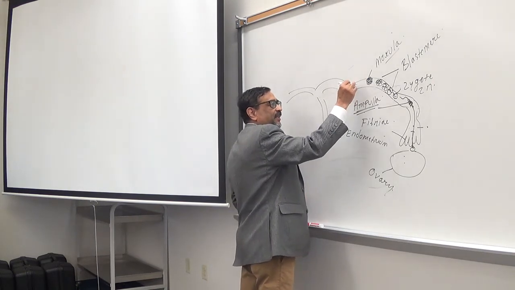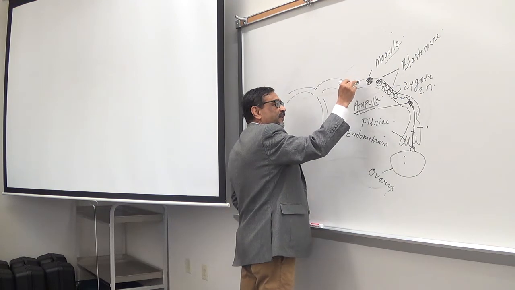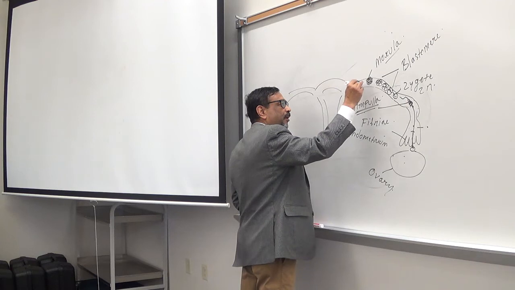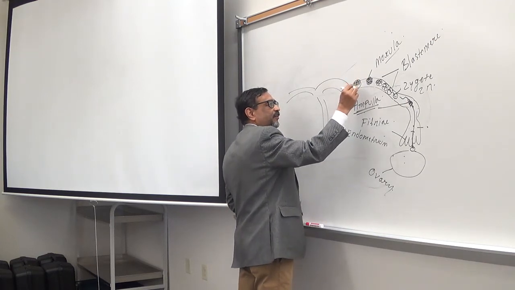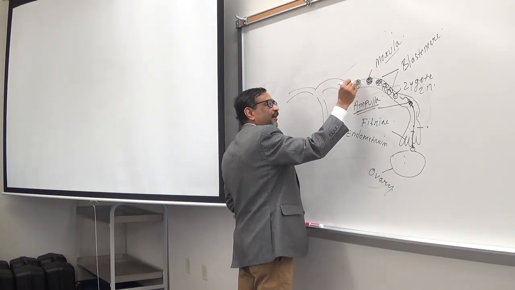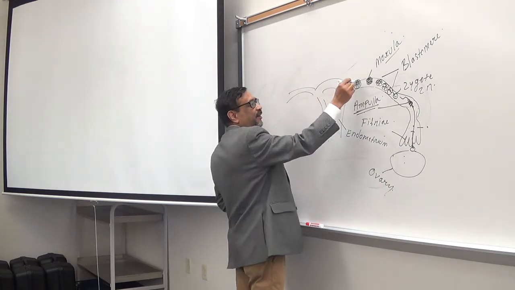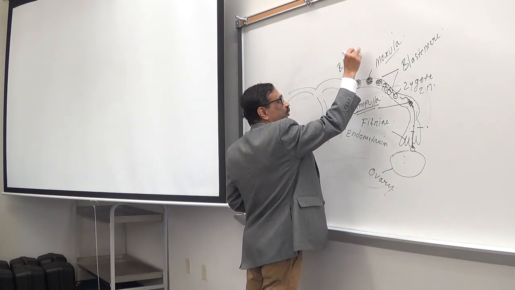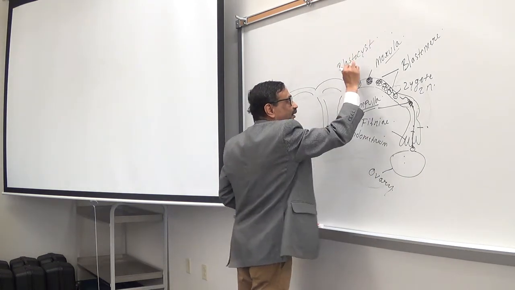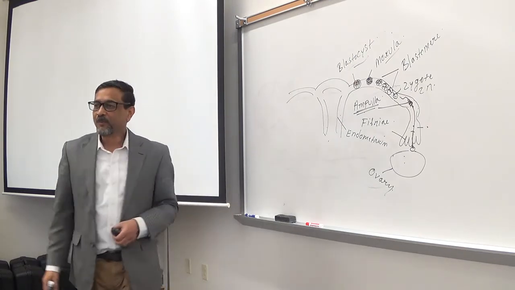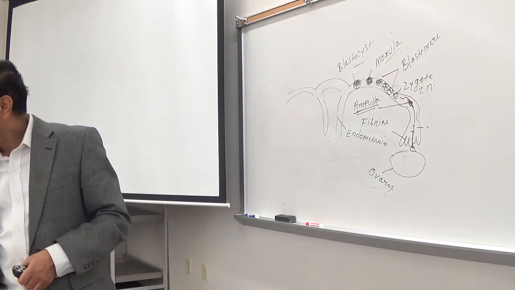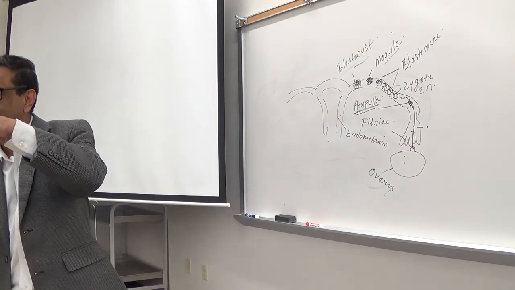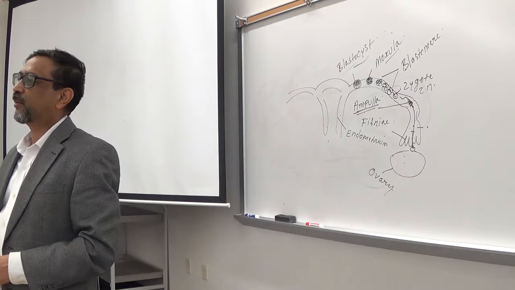Then what happens, you see? Inside this solid ball, a cavity is formed. So this is the cavity, containing fluid. And this stage is called blastocyst. So the solid ball is what? Morula, right? And when a cavity appears inside that solid ball, that stage is called what? Blastocyst. Okay?